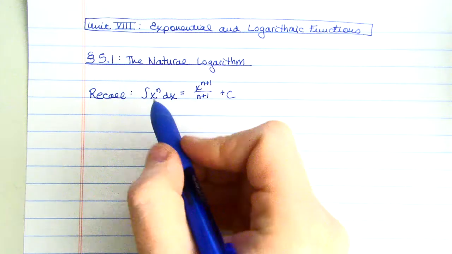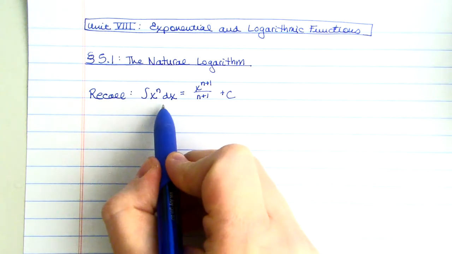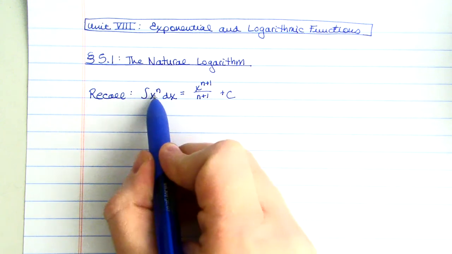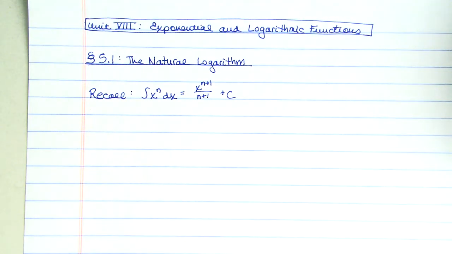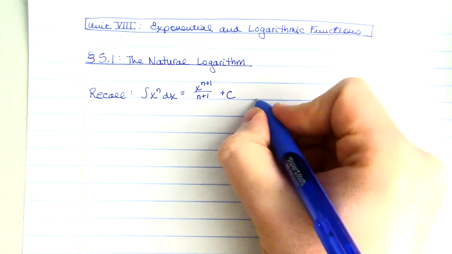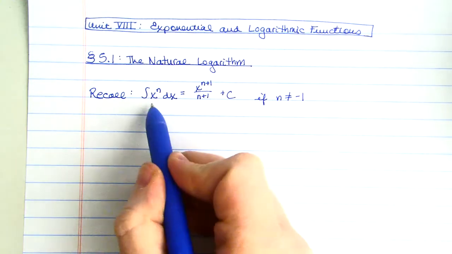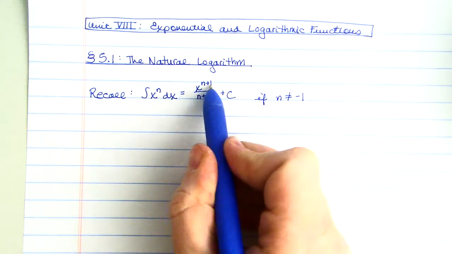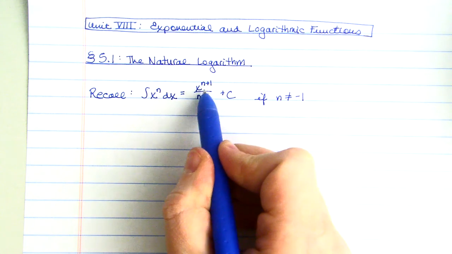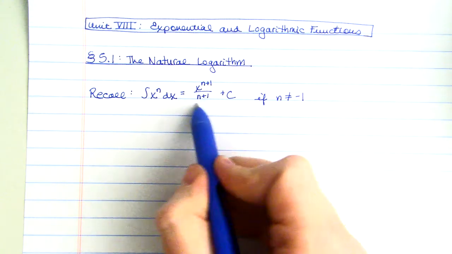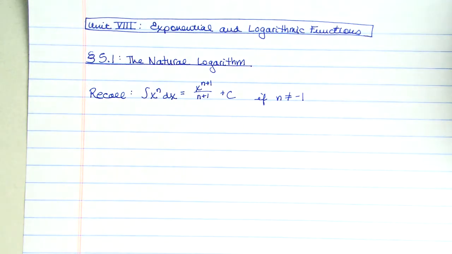There's one power we cannot use this power rule on. What can n not equal? This isn't valid if n equals negative 1. If n is negative 1, okay, you can add 1 to the power, x to the negative 1 plus 1, x to the 0. Okay, that's okay. But then the denominator becomes divide by 0, and you can't do that.